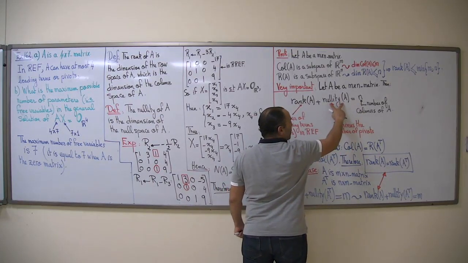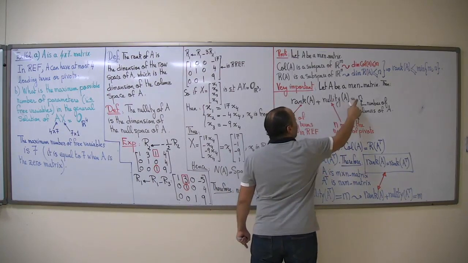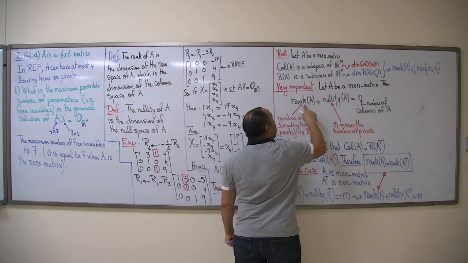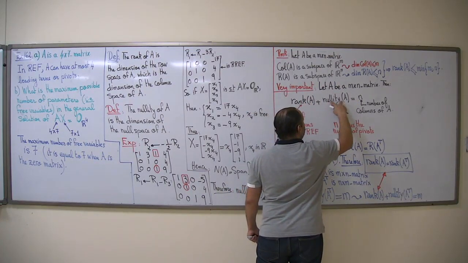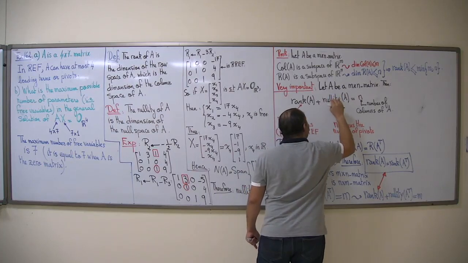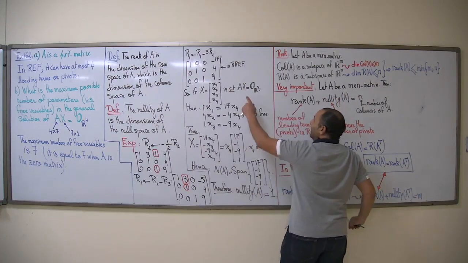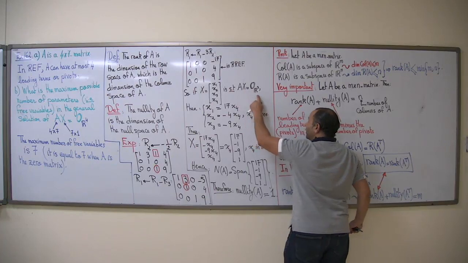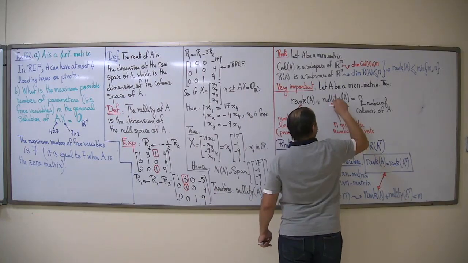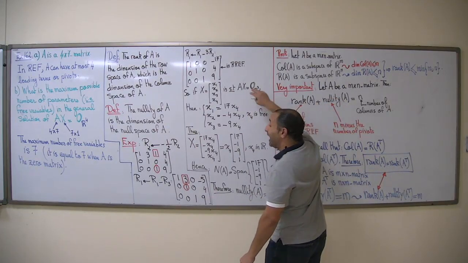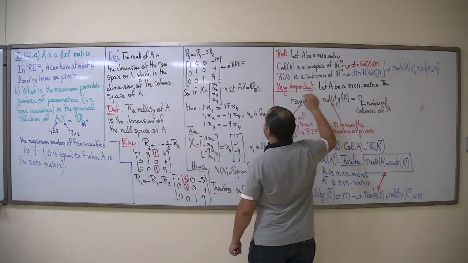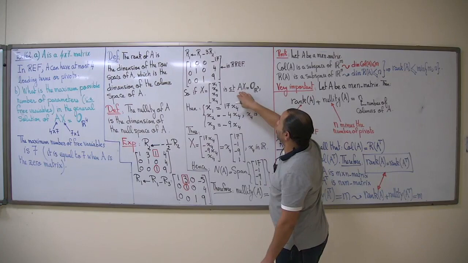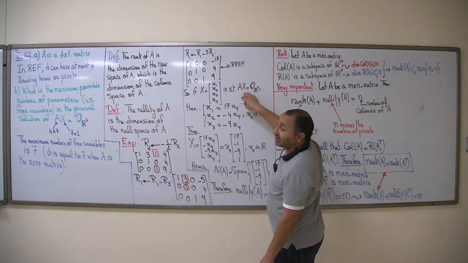So the nullity of A is n minus the rank of A. The nullity is the number of free variables in the general solution of AX equal 0.